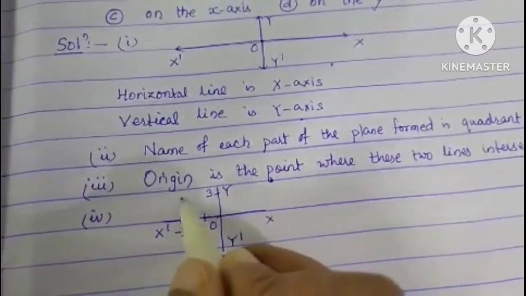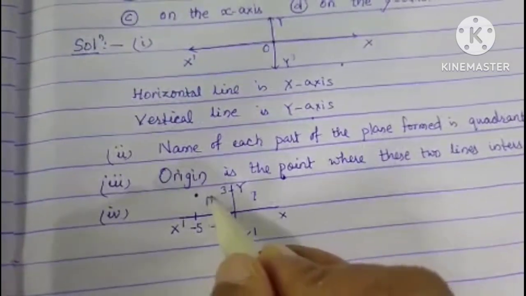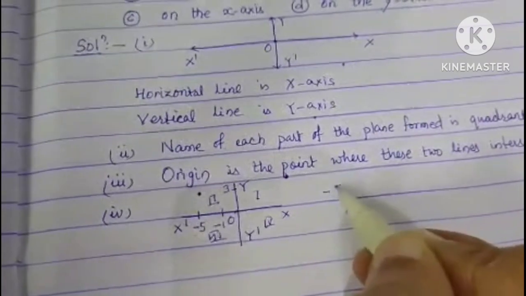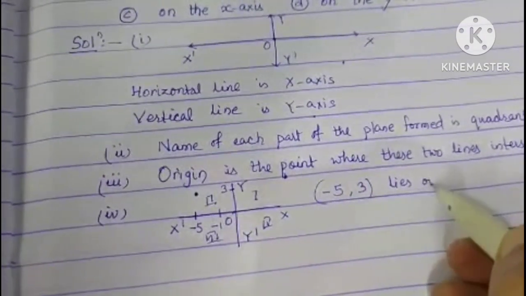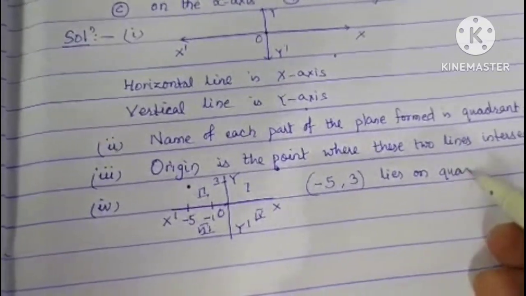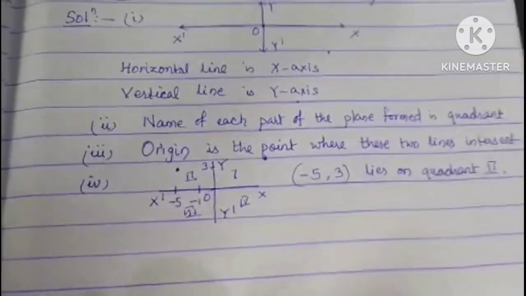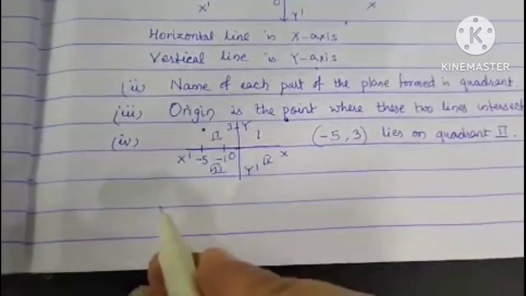So basically this point will lie here. This is quadrant 2, the second quadrant. So the point minus 5, 3 lies on quadrant 2.